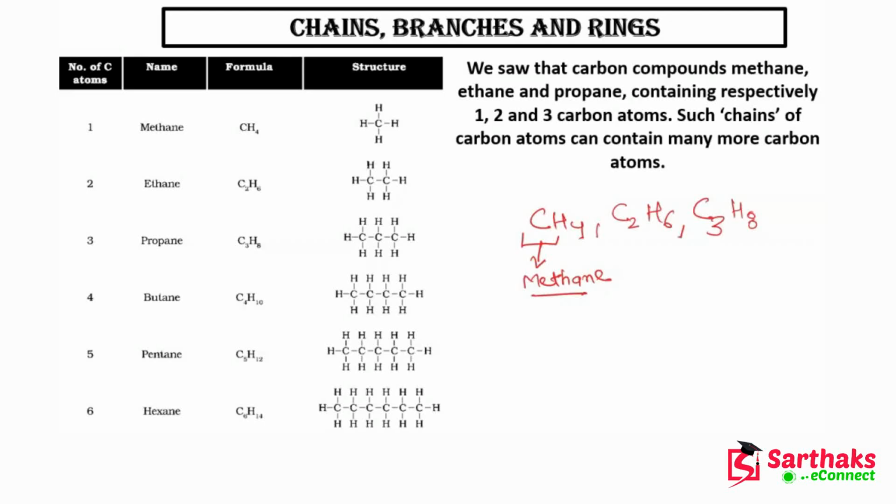Now you can see that where one carbon is present, we call it methane, adding the prefix meth. Where two carbons are present, we call it ethane, adding eth as a prefix. Where three carbon atoms are present, we call it propane.